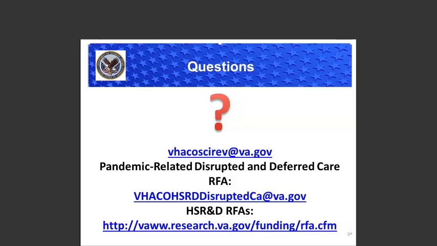And then finally, if you want access to our RFAs that have been posted, you can find them at this website here from within the VA. So you won't be able to access this site from an academic institution that's not VA.